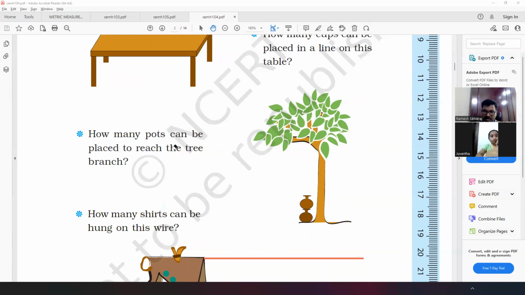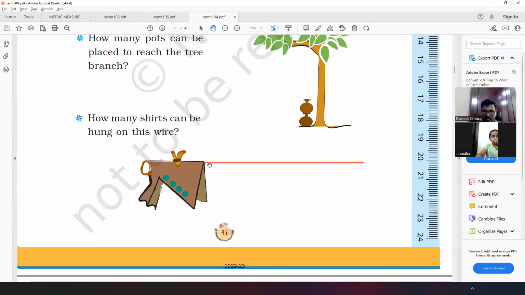See here in this example, how many shirts can be hung on this wire? This much length, one shirt is already placed, right? How many more can we hang on this wire? Approximately, can you guess? Two. Let us see. From here to here, it is 1.